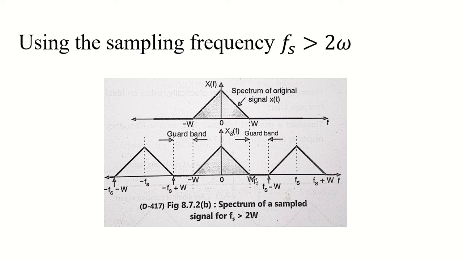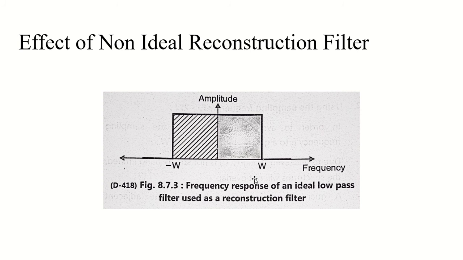Now let's see what the effect of a non-ideal reconstruction filter is. We have to pass the sampled signal through a reconstruction filter in order to obtain the original signal back from the sampled version. The reconstruction filter is a low pass filter, as we saw in the last class. It is expected to pass all the frequencies in the range of minus omega to plus omega, correct?